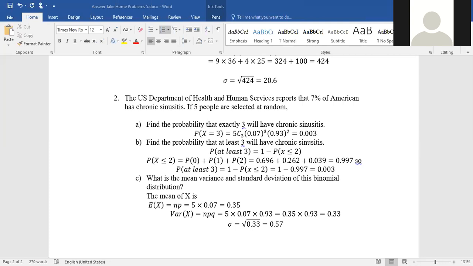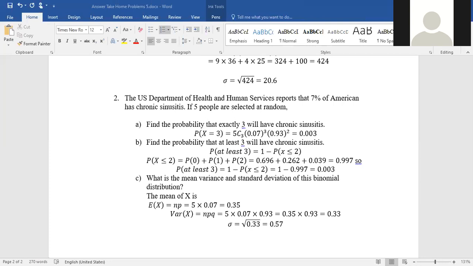Any other question? Whenever you see a problem that has to do with exactly 3, at least 3, at least 2, think about a binomial distribution and begin to ask yourself, what is the number of trials? Is it given? Is it the probability of success?